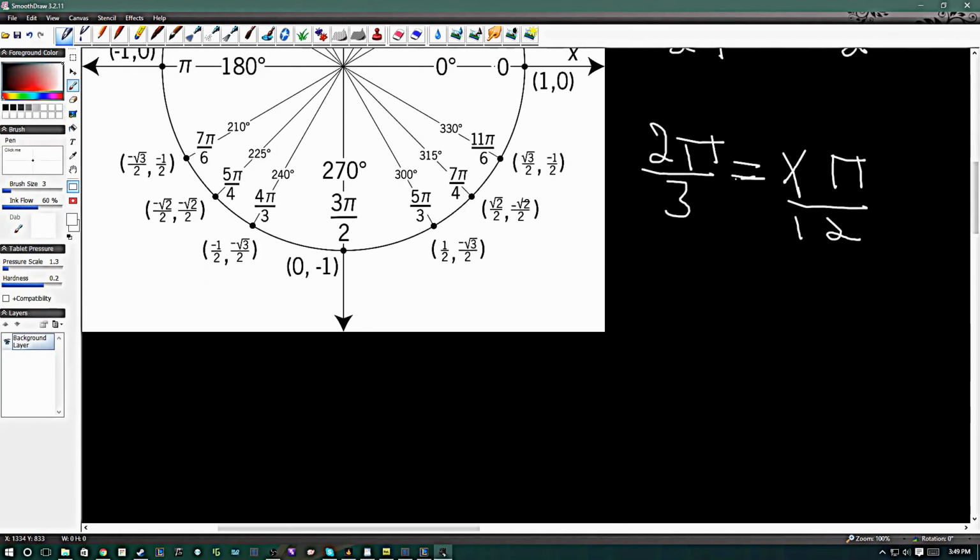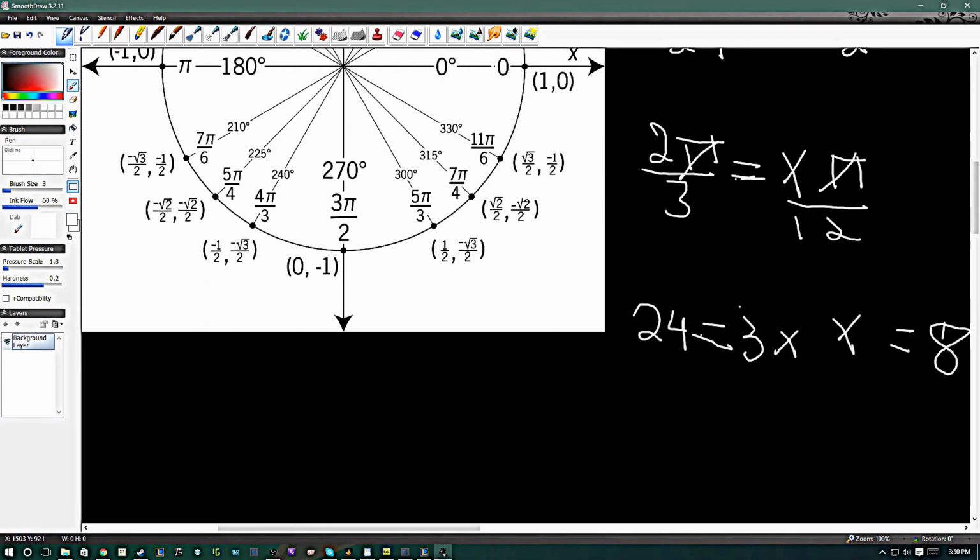We can simplify this by crossing out the pi's, since they're on both sides, and then we can cross multiply and solve for x. So it's 24 equals 3x, x equals 8.